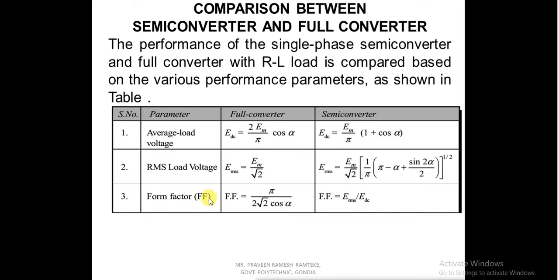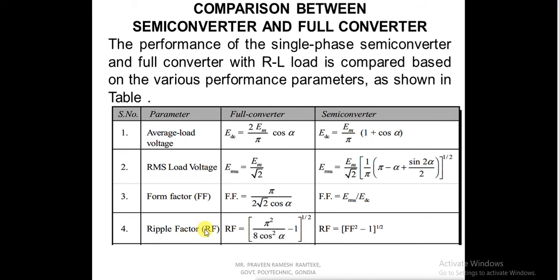Form factor for full converter is given by pi divided by 2 root 2 cos alpha, whereas in semi-converters form factor equals ERMS by EDC, meaning RMS value by average value.